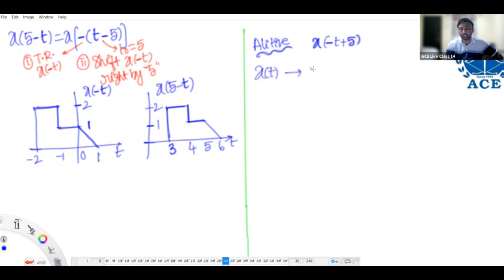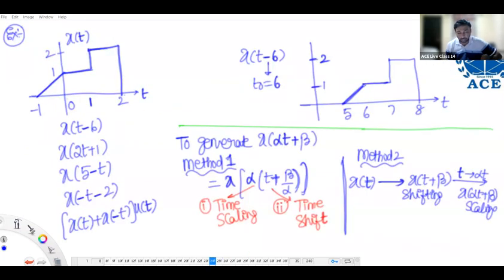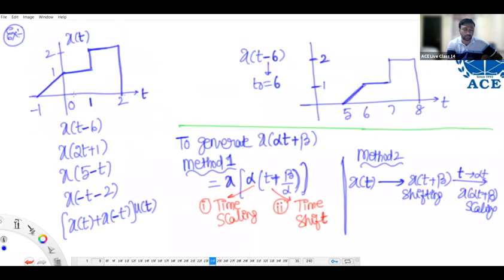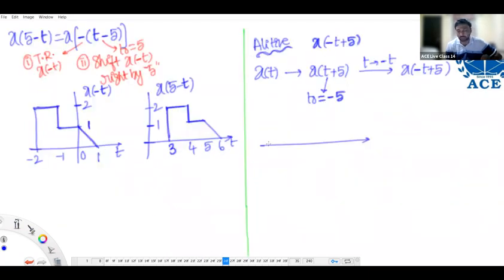Take x of t plus 5, then reverse it. x of t plus 5 means t naught is negative, minus 5. Try to shift x of t left by 5 units. If I shift left by 5 units, to the time axis we are adding minus 5.